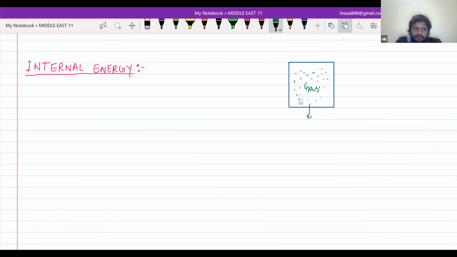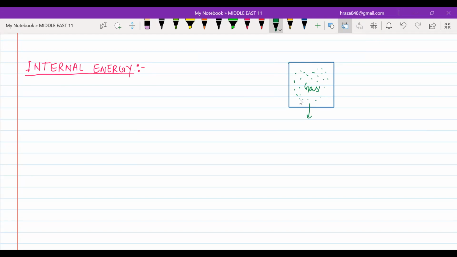Positive and negative charges mean there will be electrical energy. If a chemical reaction is carried out, there will be chemical energy, and lots of other types of energy that we don't know. So you cannot find the absolute internal energy. Can you find the absolute internal energy of a system? Just think about it. No, sir. We cannot find it.